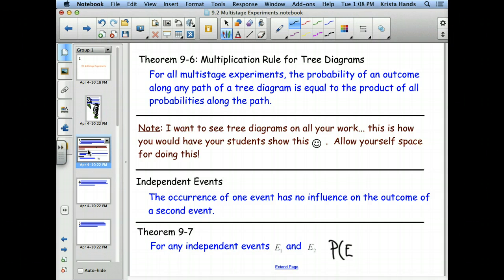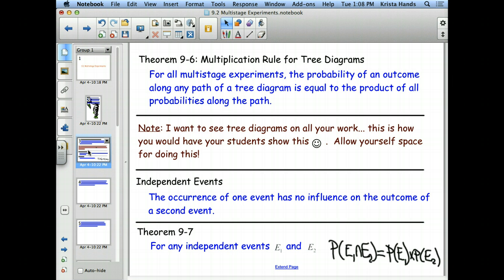The probability of E1 and E2 occurring would be the probability of E1 multiplied by the probability of E2. Again, that only works if you're dealing with independent events, that you can multiply their two probabilities and find the probability of both things happening.